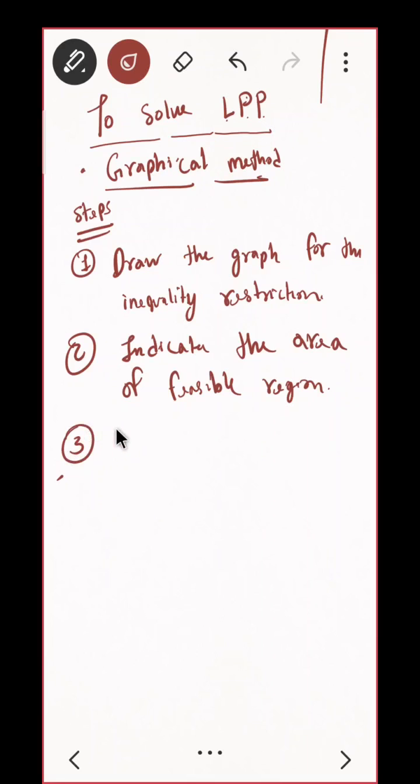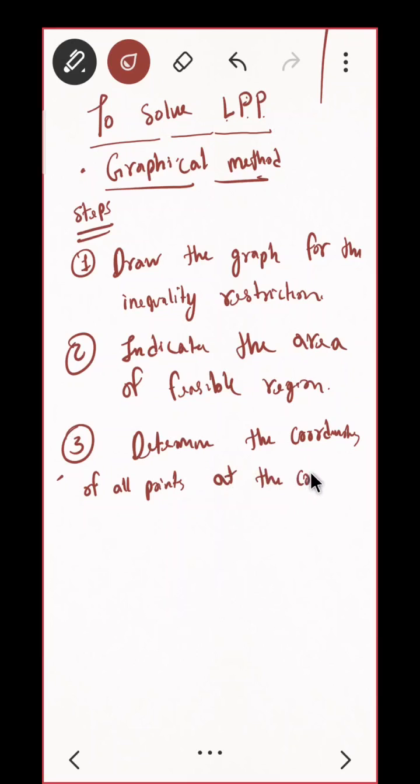The third step is to determine the coordinates of all points at the corners, that is, to find the corner points, the extreme points of the feasible region.